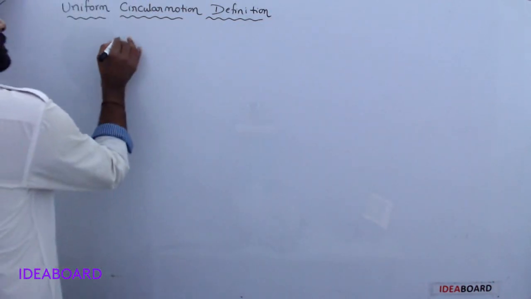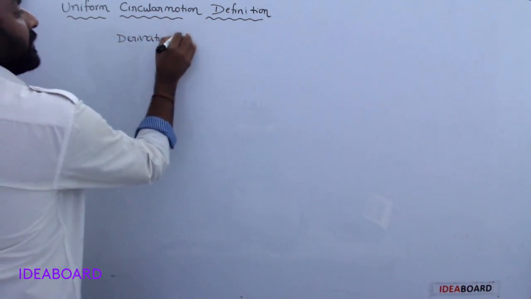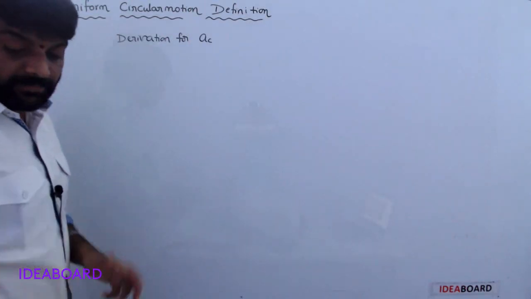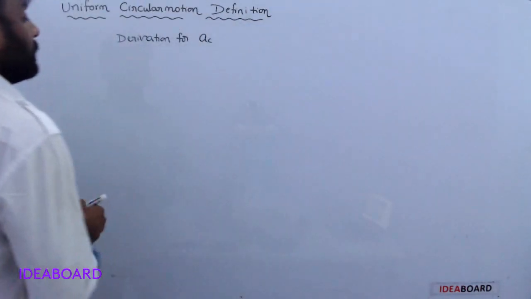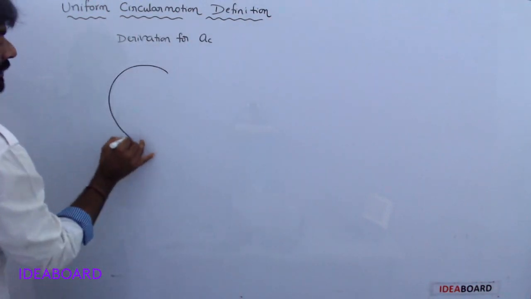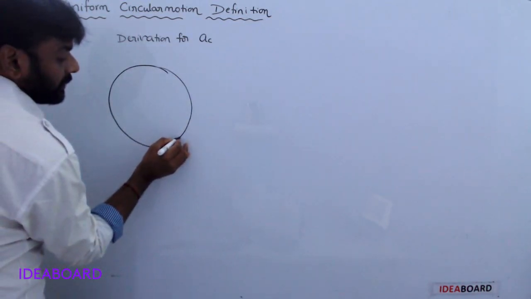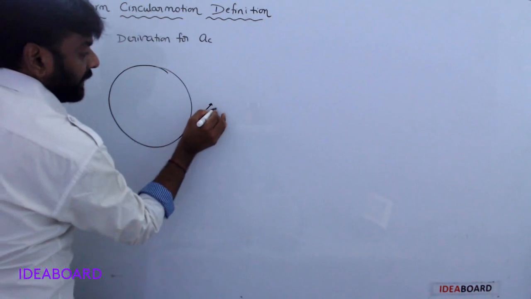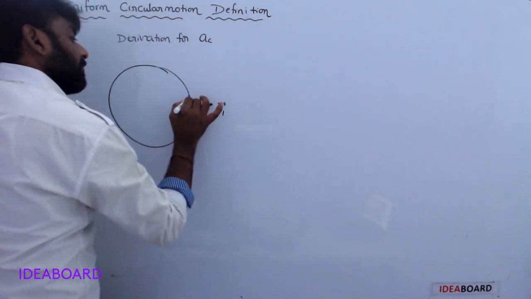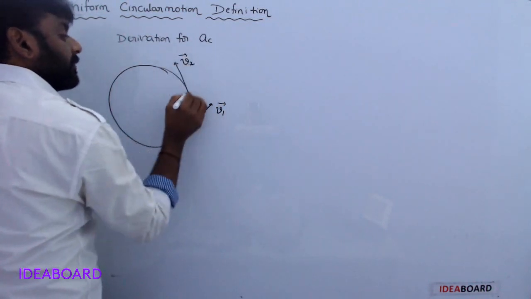Next, derivation for centripetal acceleration. Now in a circular path at a certain position, particle velocity is v1. Here, on this tangent, particle velocity is v2.